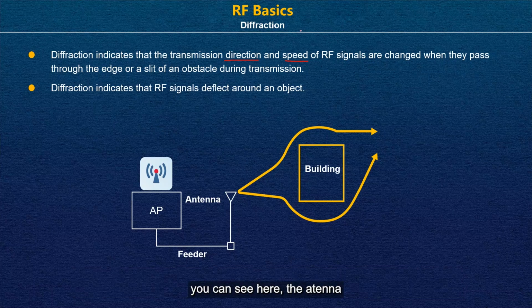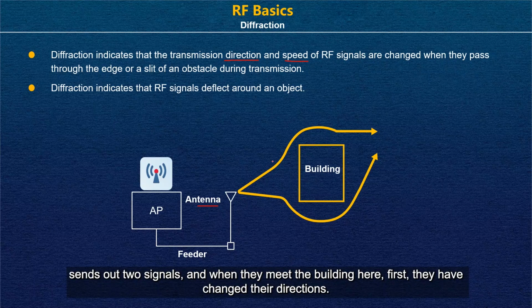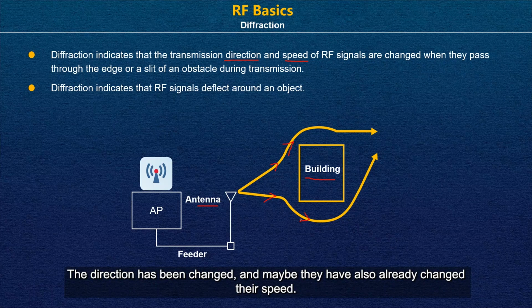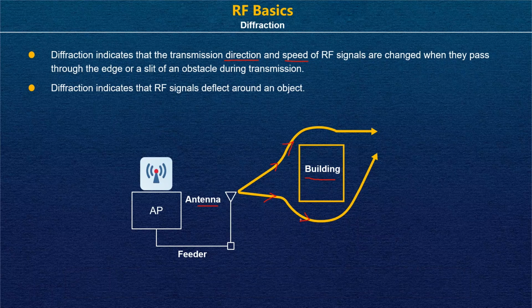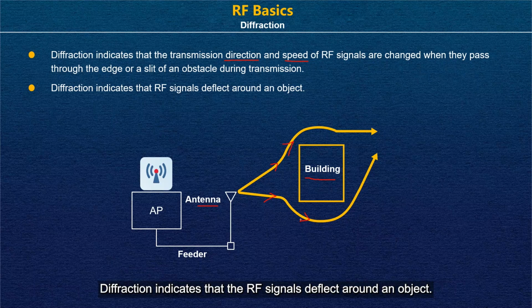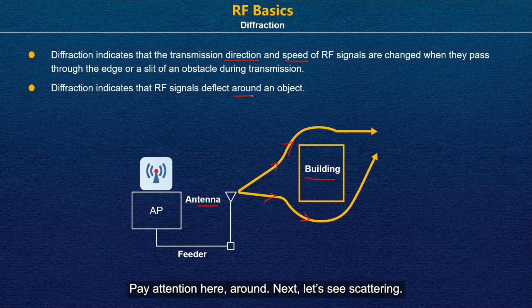For example, you can see here the antenna sent out two signals, and when they meet the building here, firstly they have changed their directions, right? The direction has been changed, and maybe they have also changed their speed. Diffraction indicates that the RF signals deflect around an object. Pay attention here, around.